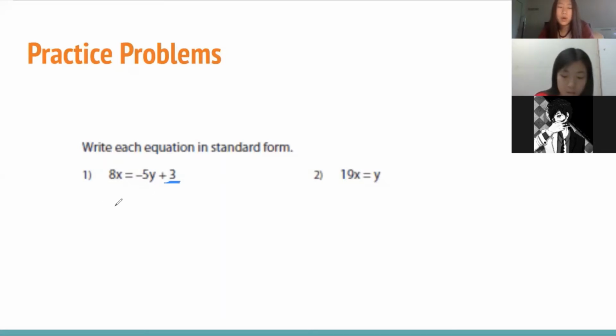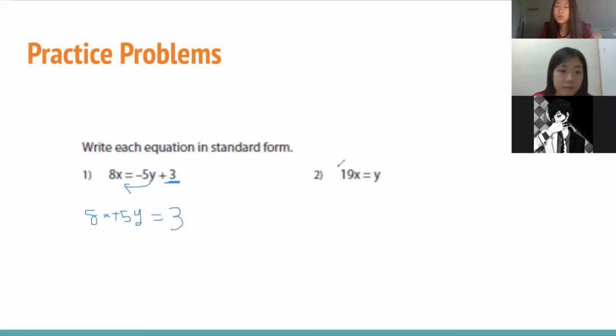In the other problem, it was y, but in this case, we want this number to be by itself. So we're going to move this negative 5y onto this side. So it becomes 8x plus 5y equals 3. That was easy, right? That's how you do this problem.